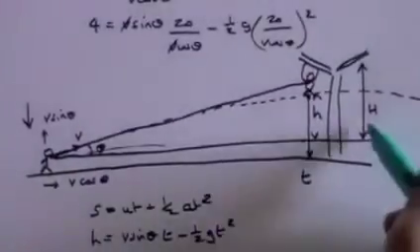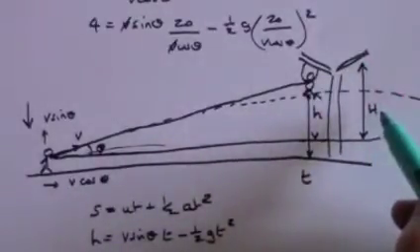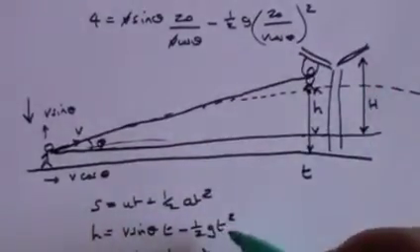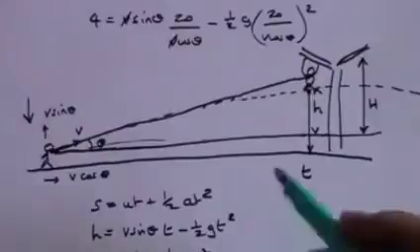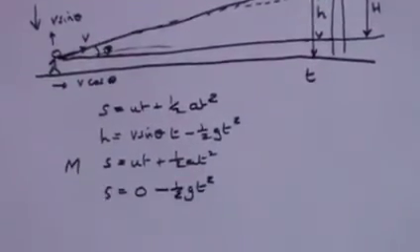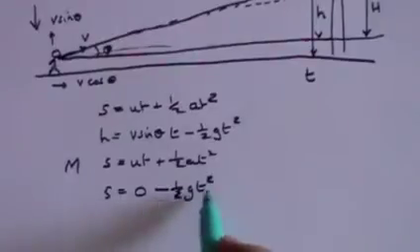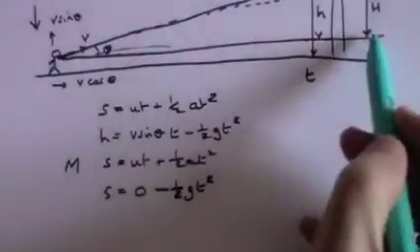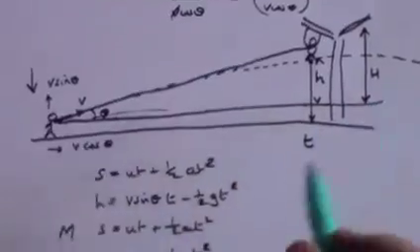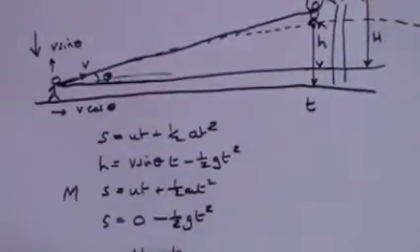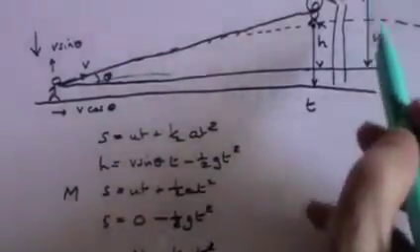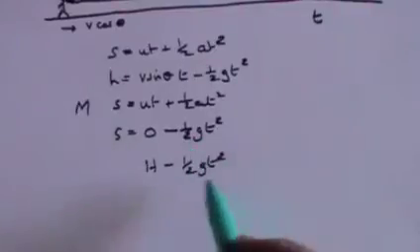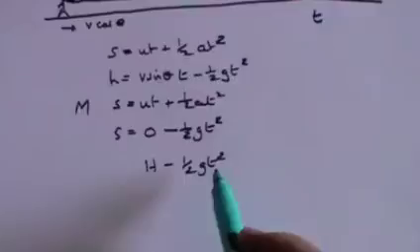And since the monkey started off a total distance of capital H above this line, if the monkey falls by minus half gt squared, then the actual height above the line here that the monkey has fallen to is going to be capital H minus half gt squared, because capital H was the original height and the monkey has fallen minus half gt squared.